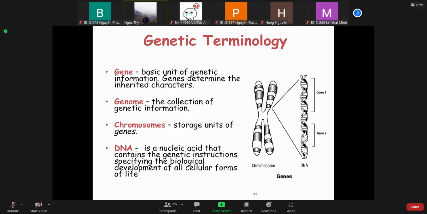But recently, with the development of next generation sequencing, scientists know that many genes are not coding for proteins. They're coding for RNA. They are coding for other factors that control the epigenetics of the genome.